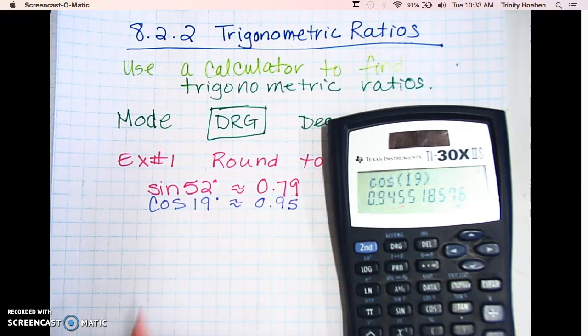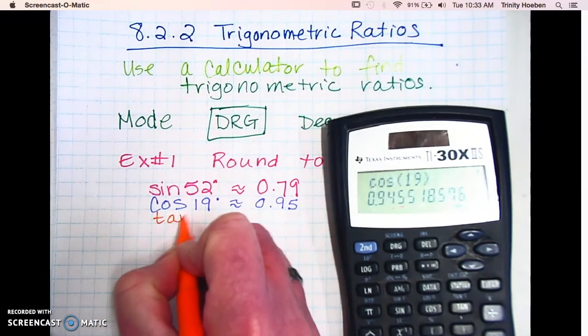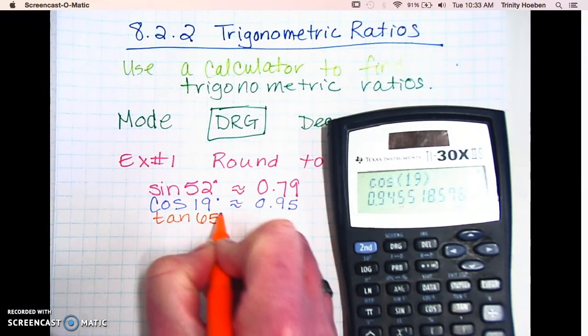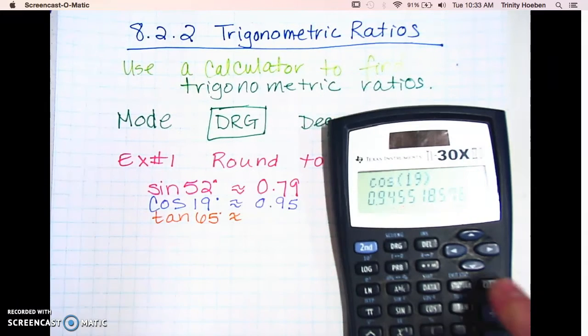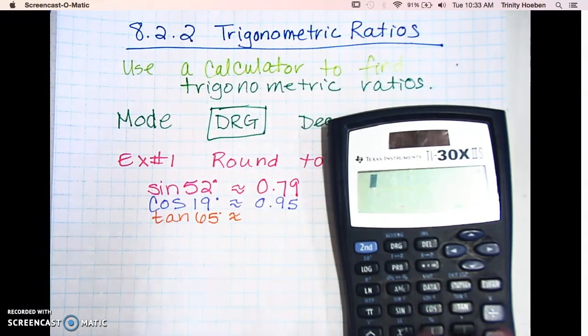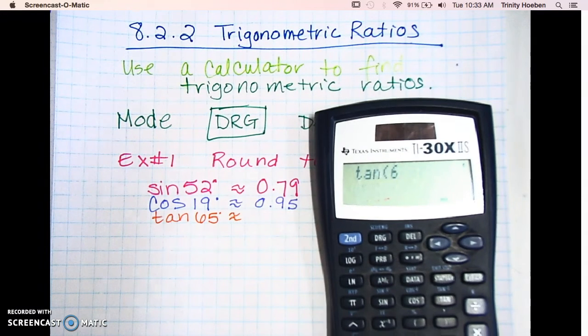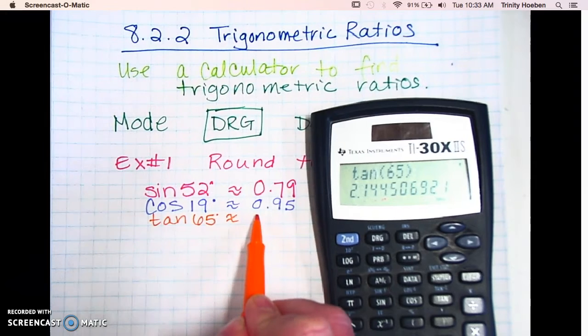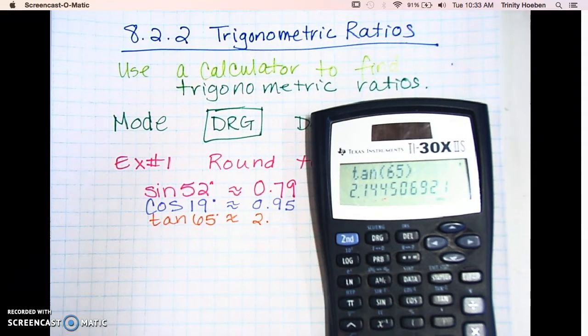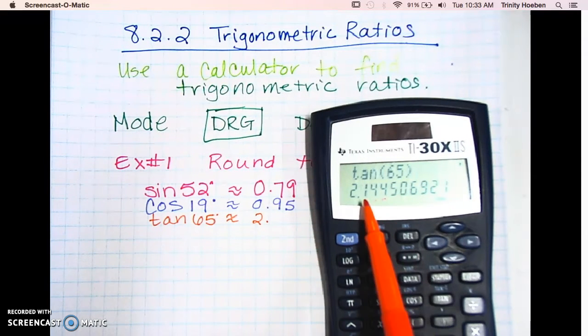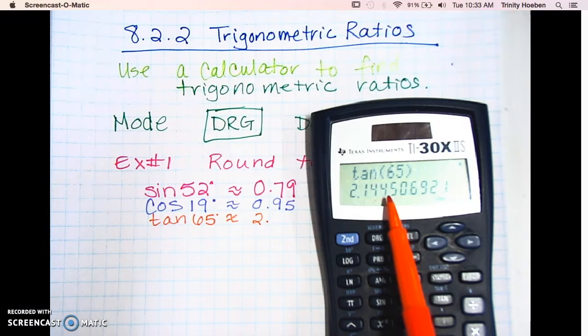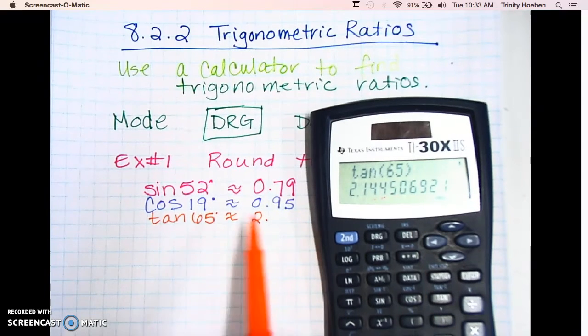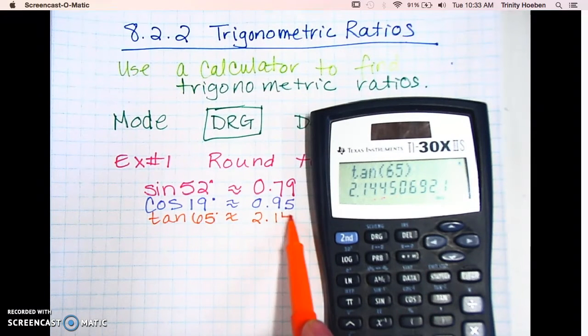All right, now let's try tangent of 65 degrees. So clear the old one out of there, type in tangent, type in 65, close your parentheses, hit the equal sign. This time, we've got a number in front of that decimal other than 0, so we're going to write down 2 point, and then we have 1 4, and next to that first 4 is another 4, so it's going to stay 2.14.